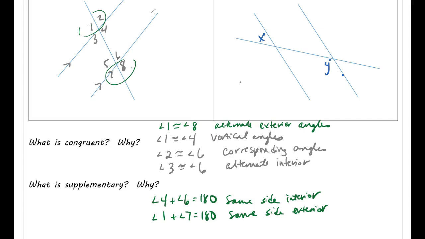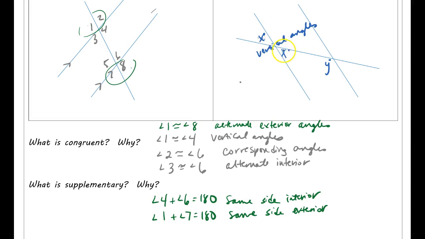Well, what I would do is I would look for what we could prove. In other words, I would say, well, if this one is x degrees, then I know that this is also x degrees because of vertical angles, right? So from here to here, that's a vertical angle problem. And I know those are congruent. That's why I labeled them the same. Now look what you have right here. We're on the inside of the parallel lines, okay?